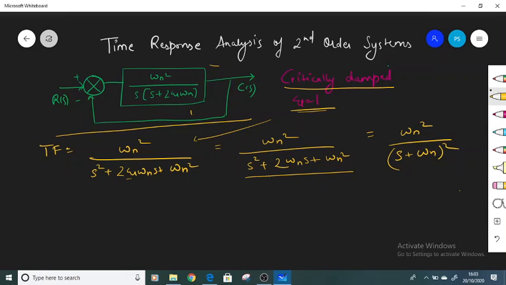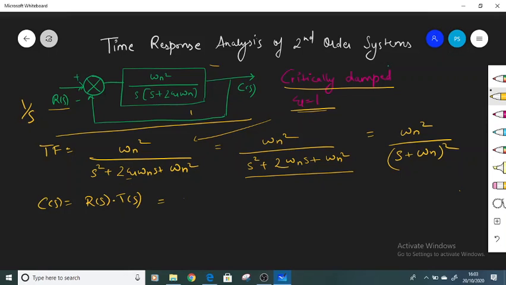Okay. Now we have to find out the time response of the system when we apply the input to the system. The input that we are going to apply is going to be step input. By step input we mean that it's going to be 1 by s in the Laplace domain. So the output can be written as multiplication of input and the overall transfer function.